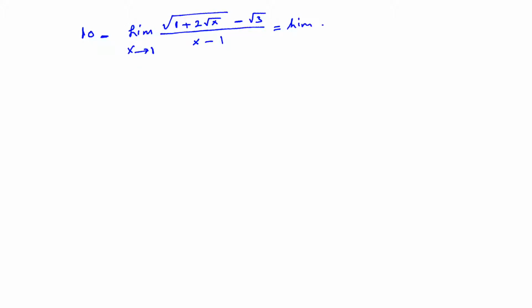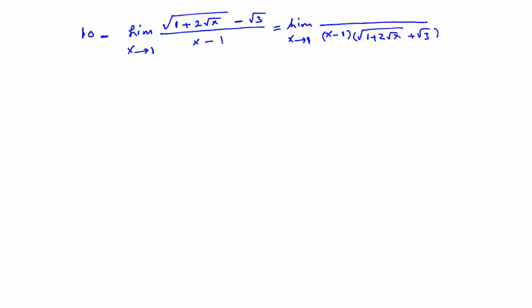To find the limit, we rationalize the numerator of the function by multiplying both the numerator and the denominator by the conjugate of the numerator, which is square root of 1 plus 2 square root of x plus square root of 3.